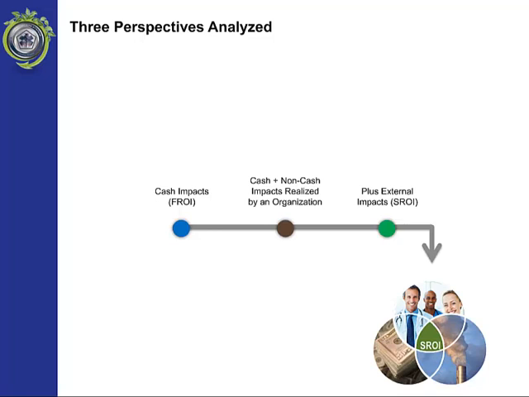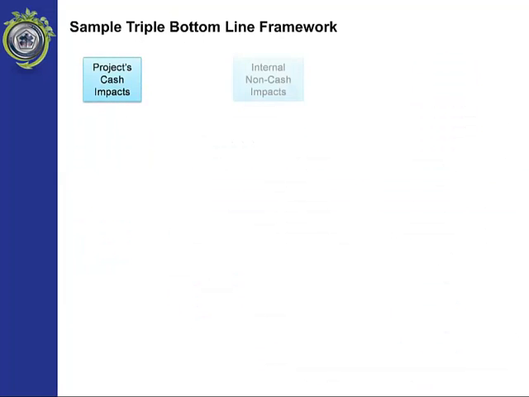This provides project managers with a full accounting of the benefits and costs of various project strategies from a triple bottom line perspective. This diagram graphically depicts the SROI framework.